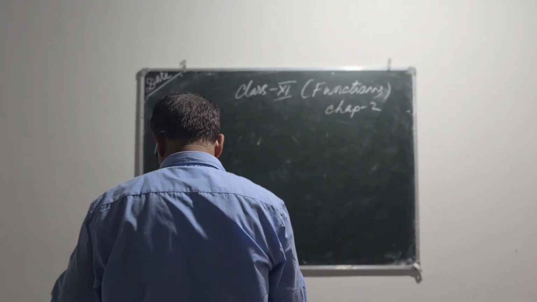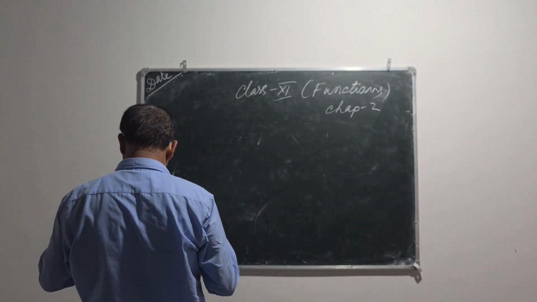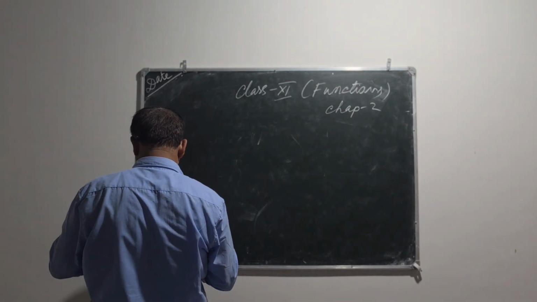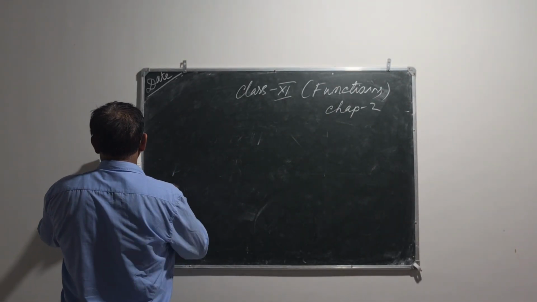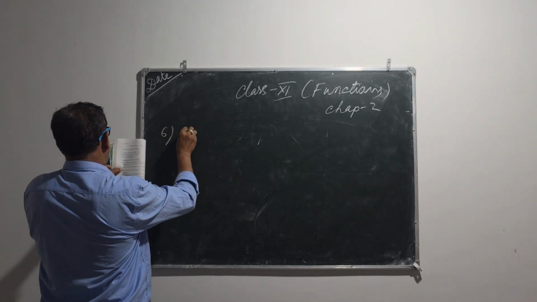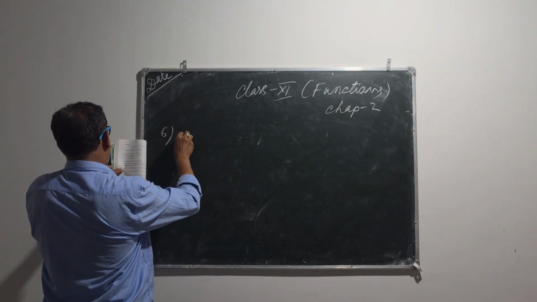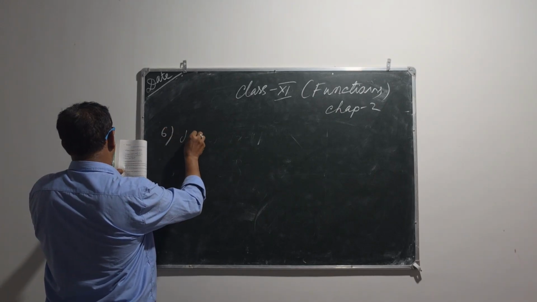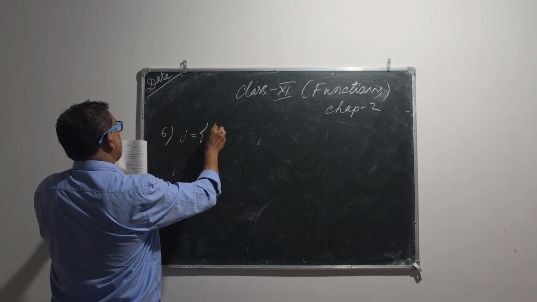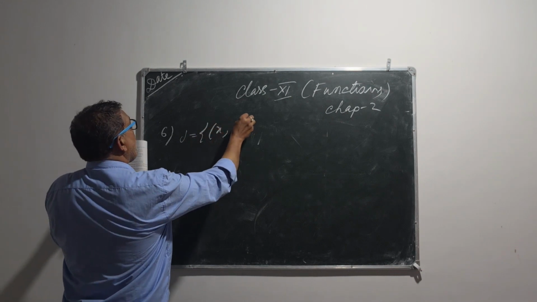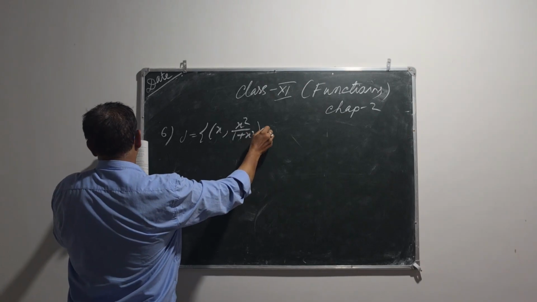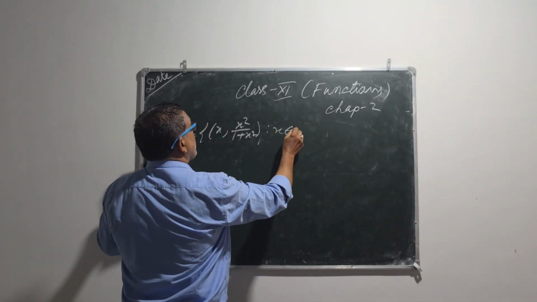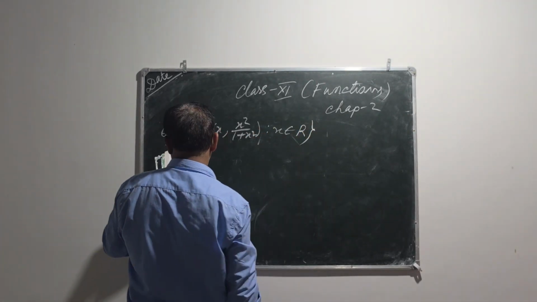So number 6 now. Number 6 is given here. f is given here as the set of x comma x squared by x plus 1, such that x is any real number.